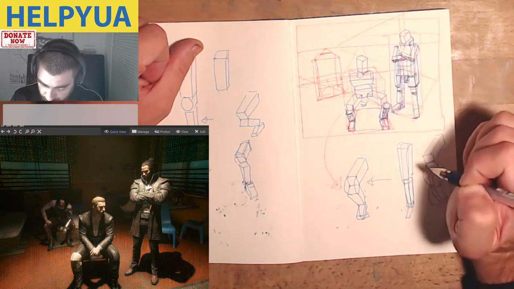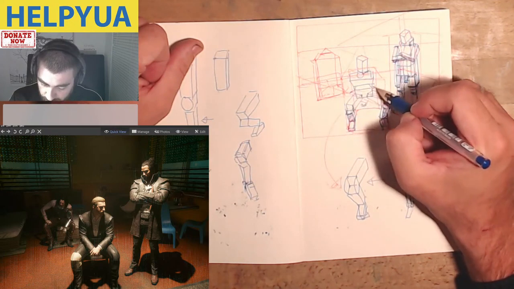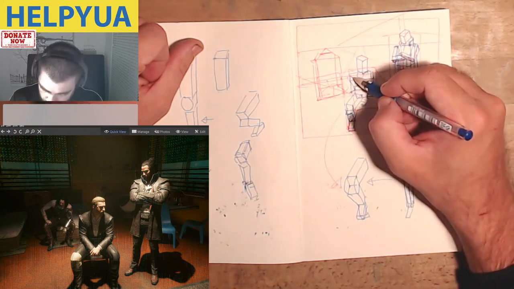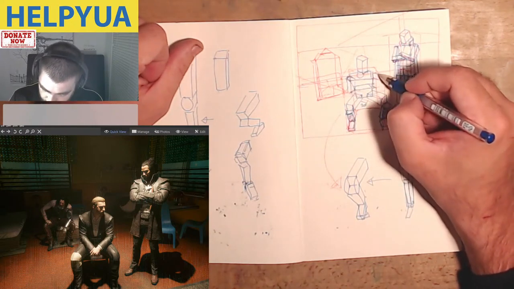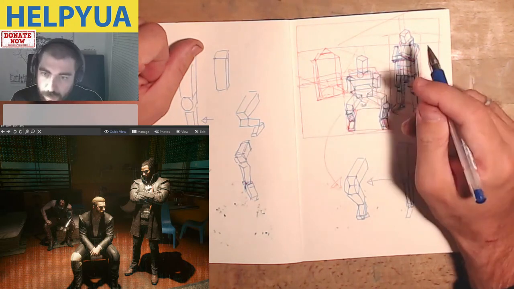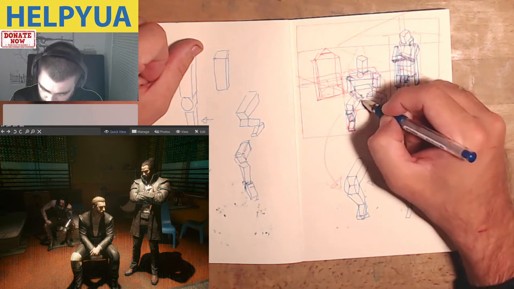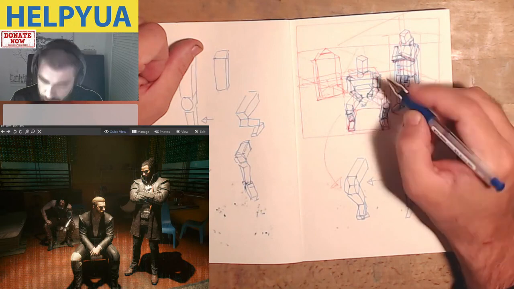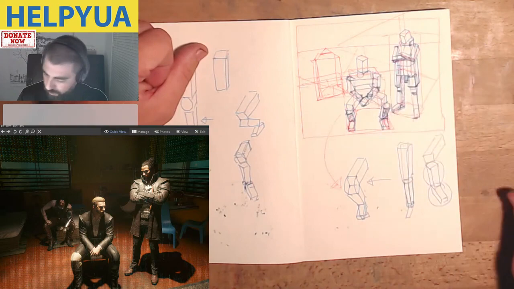So his head like this. And his arms. So like this. Here.